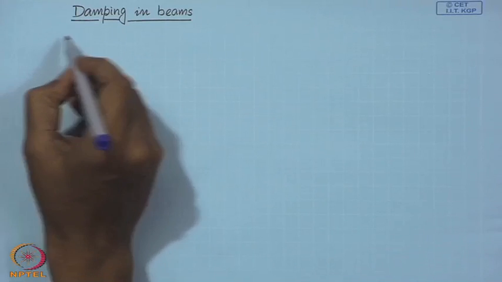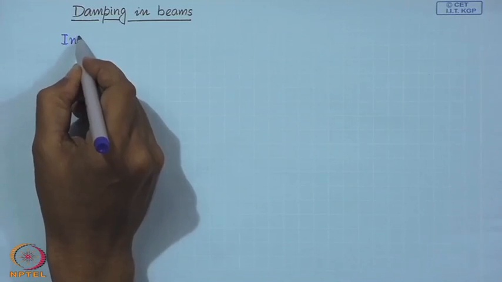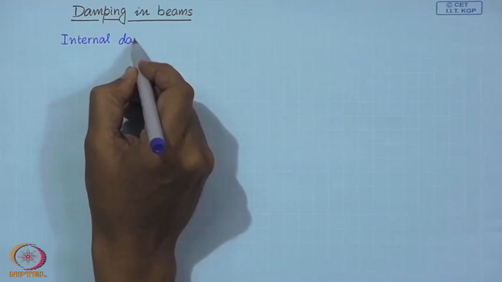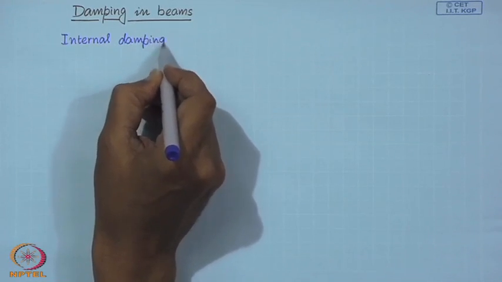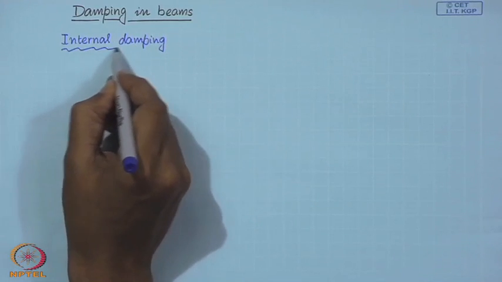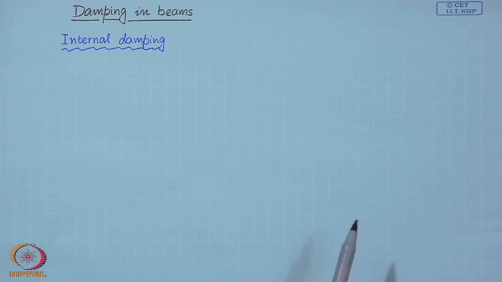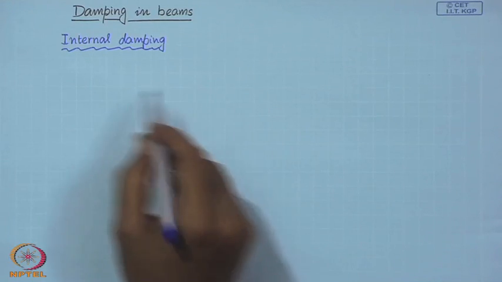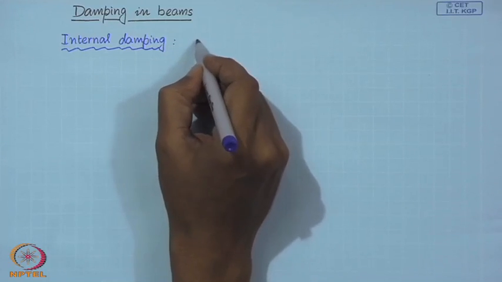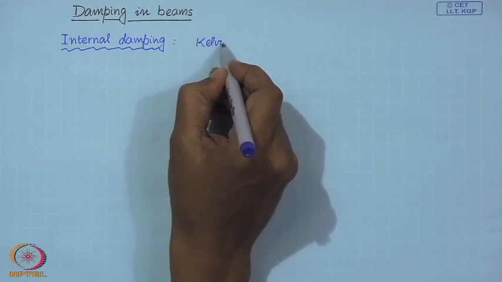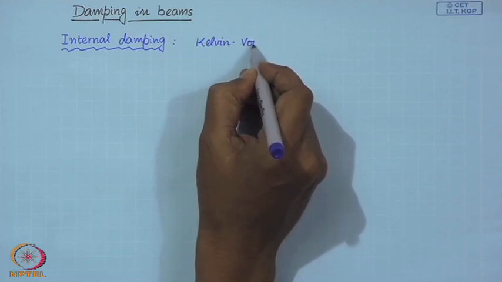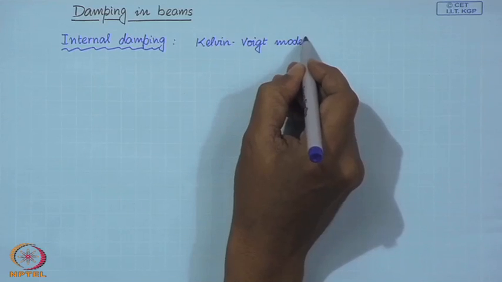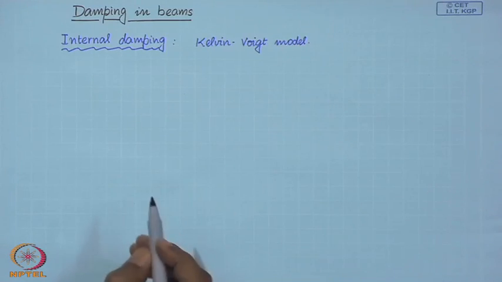So, first we are going to look at internal damping. To model internal damping, we use the Kelvin-Voigt model.